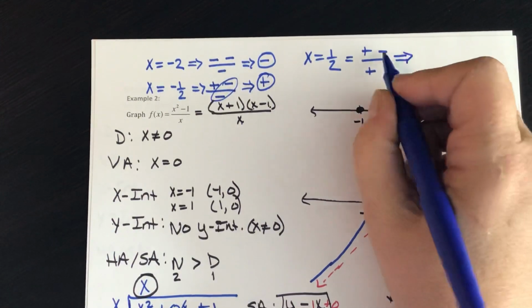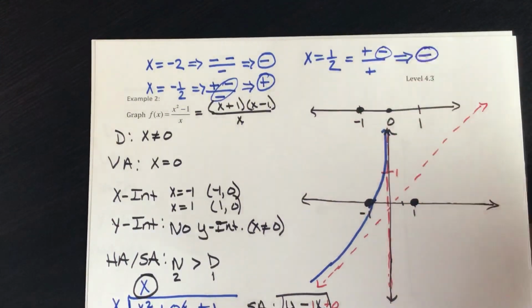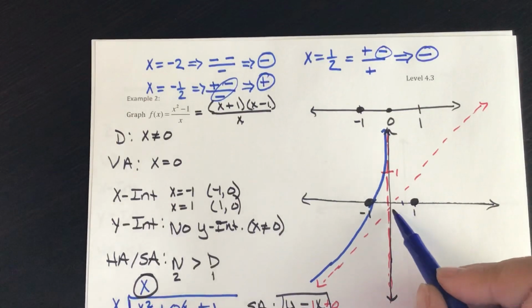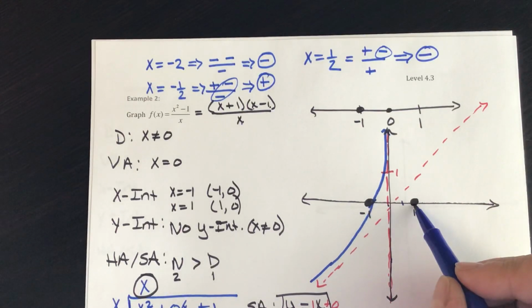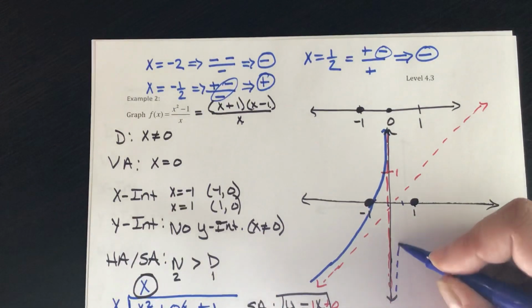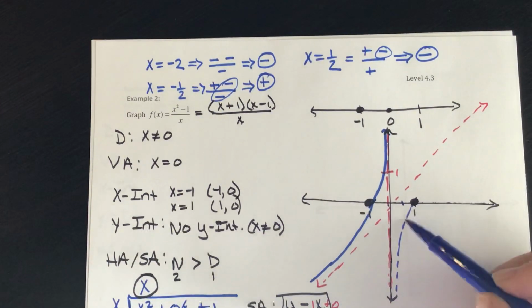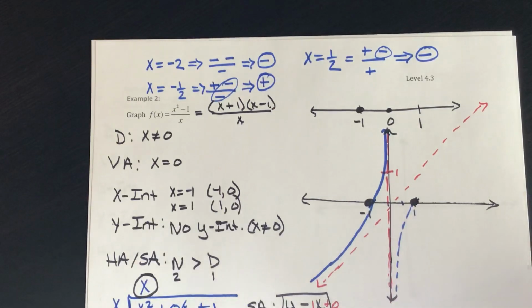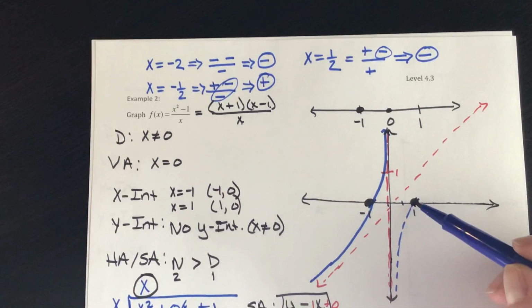So with 1 negative, this is negative. Between 0 and 1, these values are negative, but they're not going to cross my horizontal asymptote. So it's going to approach my x-intercept at 1.